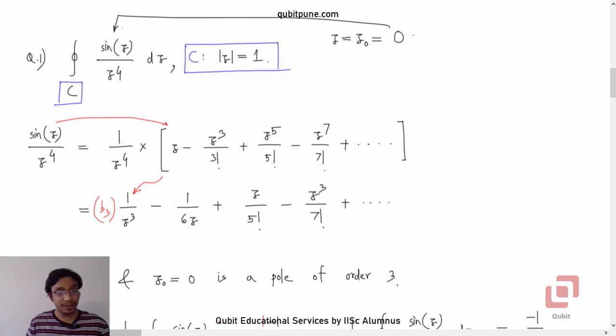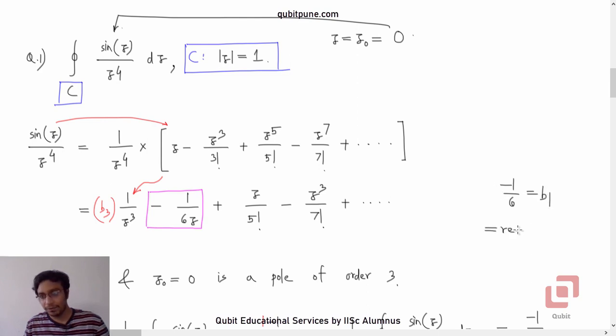Yes. Which means this term is now going to give us the residue. We will go to the coefficient of 1 upon z in that term, which is minus 1 upon 6, and this is the residue of the function sin z upon z to the power 4 at 0.